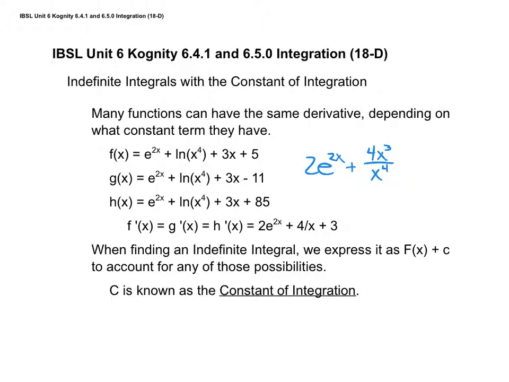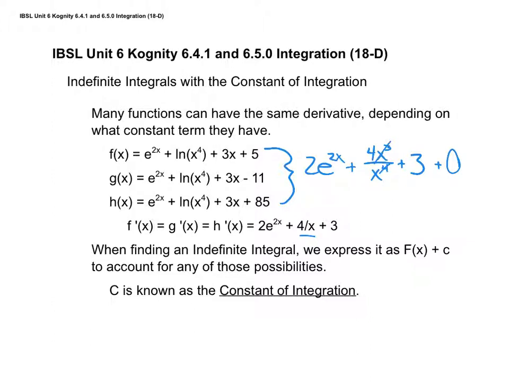So 4x cubed over x to the fourth. And then plus 3 plus 0. Now the 0 comes on all of these. And of course we can reduce this and you'll get what we have down here, the 4 over x. But notice those derivatives are all the same.